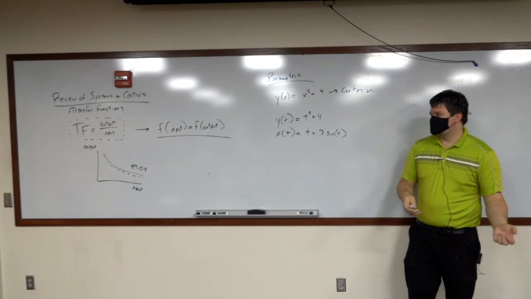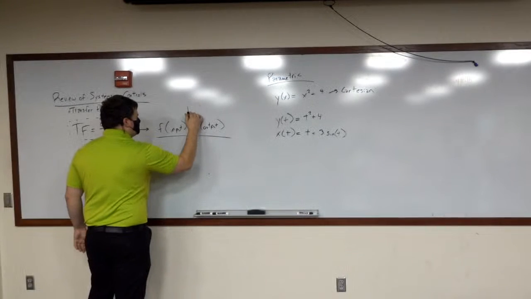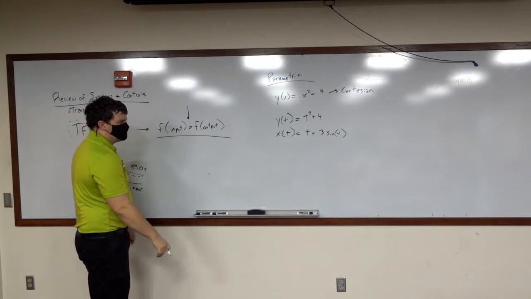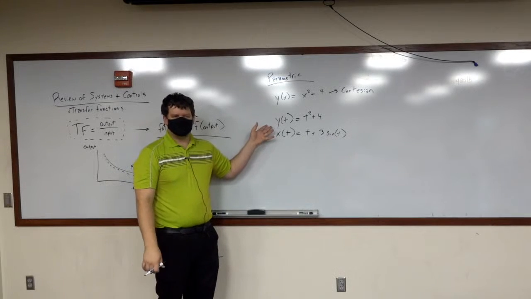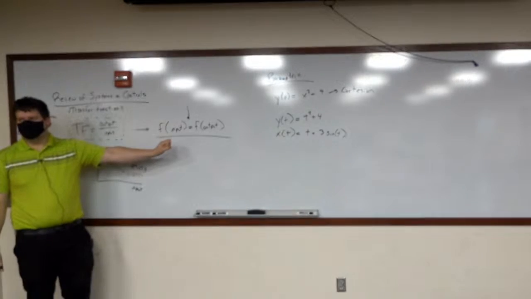And that makes things a lot more challenging because then you don't get this nice, neat relationship where you have one function on one side equal to one function on another side. You would have to try to solve both of these functions for t in order to make this happen.